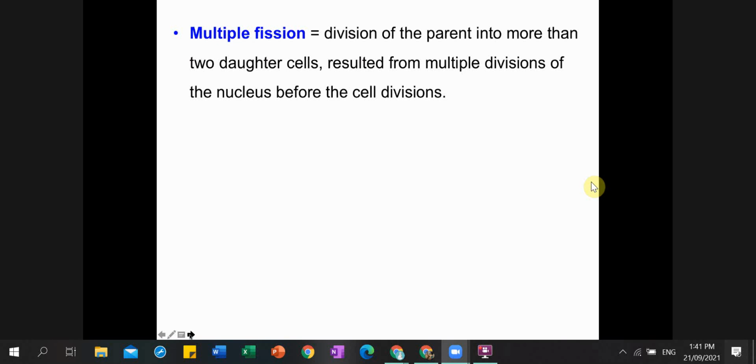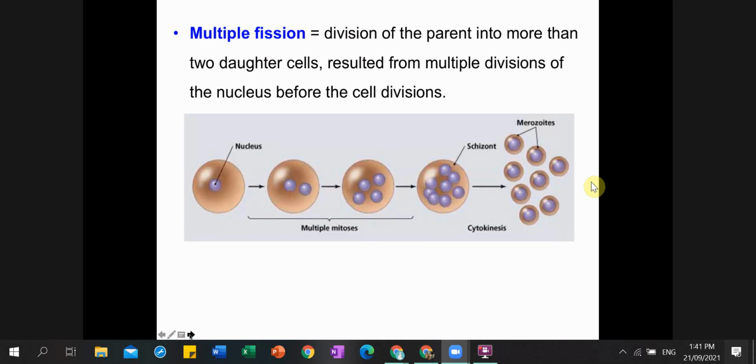So the nucleus in the cell keeps dividing, keeps multiplying, right? But the cytoplasm, the cell, does not divide. The cell will wait until it has multiple or thousands of nuclei before it starts dividing the cell. And that is called multiple fission.